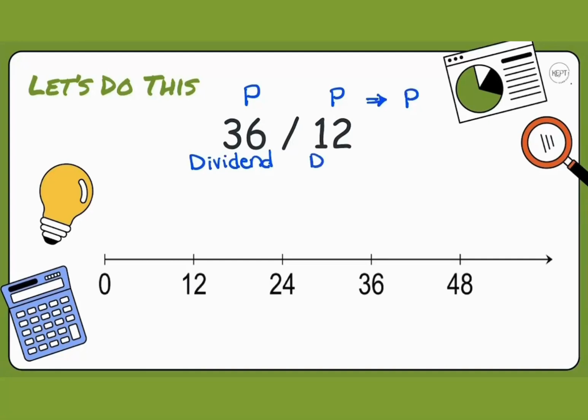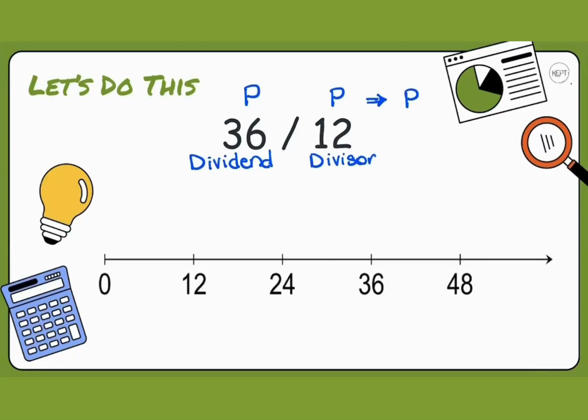Now, why did I do that? Well, the divisor is how we're grouping this together. So this is basically saying that we have 36 parts of something and we need to put them in groups of 12 each. So how many groups will we have in total? Because both of these are positive, we know that we will get a positive quotient as our answer.